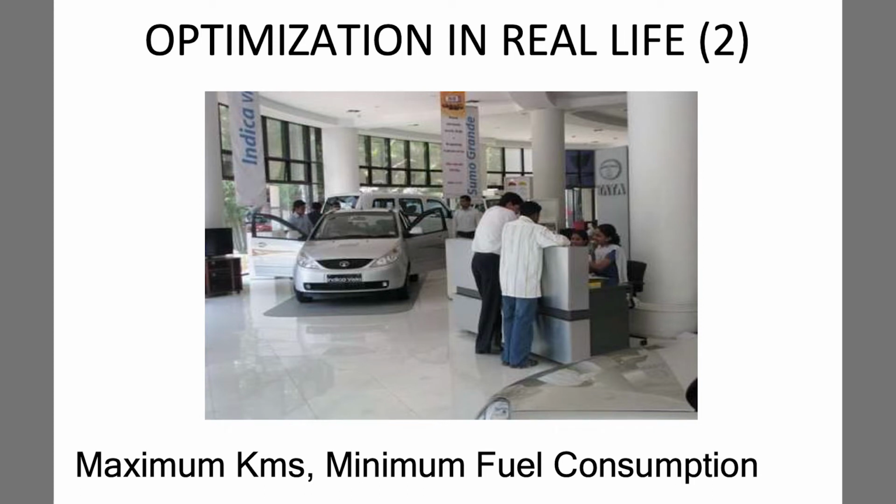The mileage is measured in terms of the maximum number of kilometers traveled with the minimum amount of fuel consumption. So, there are two different kinds of objectives in this optimization problem. One is maximum kilometers, another one is minimum fuel consumption. Those two objectives are involved in this kind of optimization.